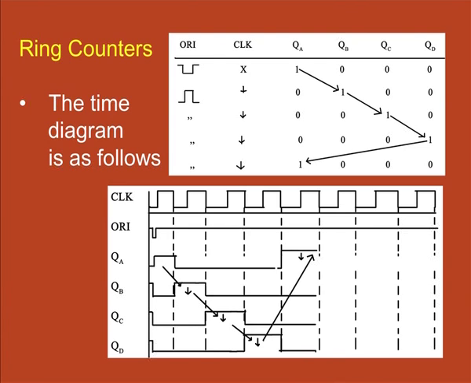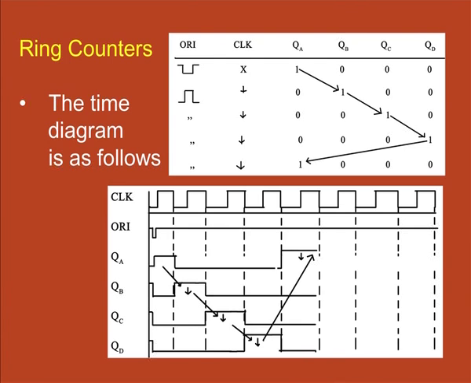If you follow the arrows shown in the clock diagram, you will see the arrows are moving diagonally, and once it reaches the last column of the output signal, it again goes back to the column of the first output signal, and in this way it goes on in a ring.